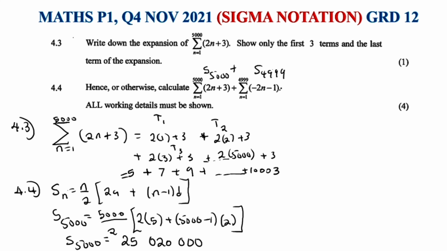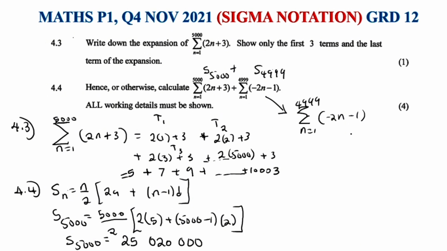So now we need to find this one. We need to come here and deal with the sum to 4,999, n equal to 1, of minus 2n minus 1.